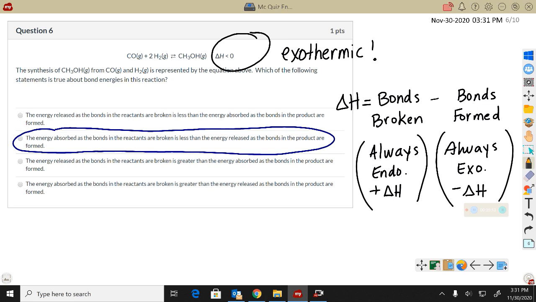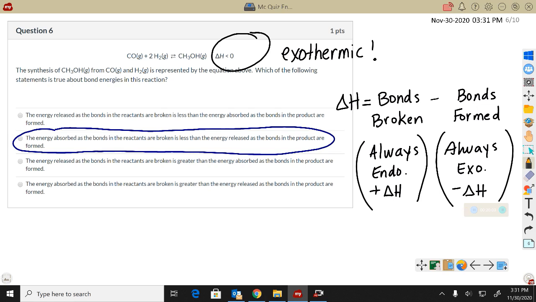Breaking bonds requires energy. Well, then I rearrange those atoms and I form new bonds on the product side. That will always be exothermic. Well, the overall delta H for the reaction is a comparison of the two.